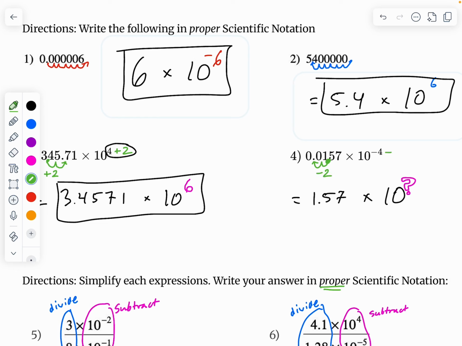Yeah, if I do 2 to the left, I need to subtract, because on the number line, left means subtract. So, final answer, 1.57 times 10 to the power of, correct answer would have been -6.